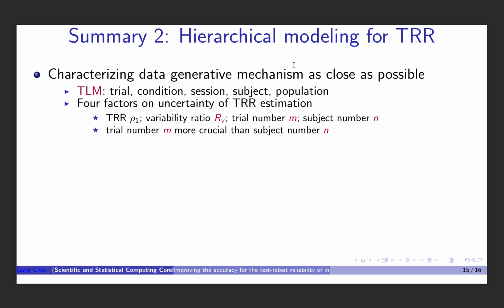Based on the current empirical data, I would say the number of trials is the more important player. Probably it's better to have at least hundreds. In terms of the quantitative variability ratio, that's not under our control. There's nothing we can do about it. It's just the reality we have to face.